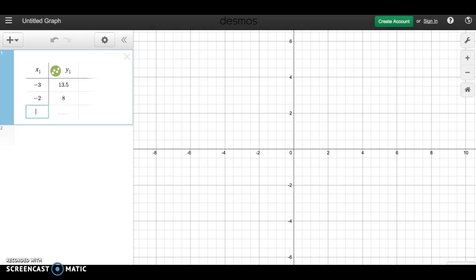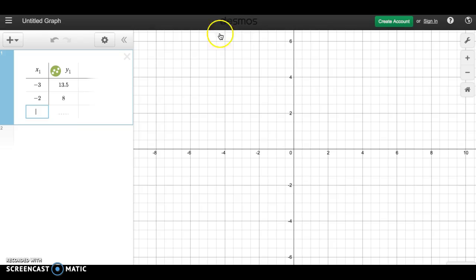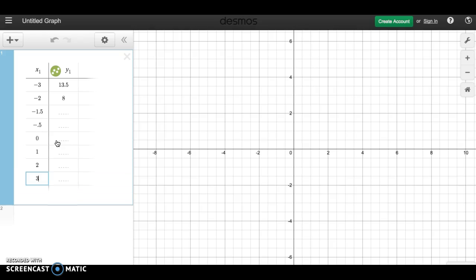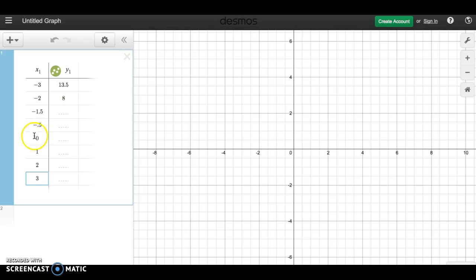Let's see, it's easier if I just hit tab to do all the x values. So -1.5. I don't know why they did a half. Oh, well, whatever. -1.5, -0.5, 0, 1, 2, 3. I think that's what they had. Oh, +0.5. Okay, fix that.